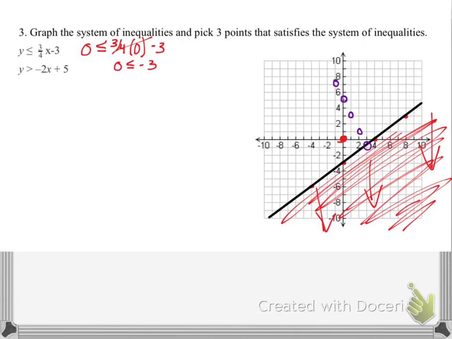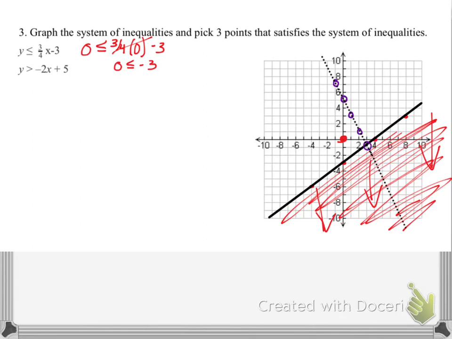Oh, hey, cool. I can make a dotted line. I didn't know that. There we go. Here's my dotted line. It goes all the way through my equation.